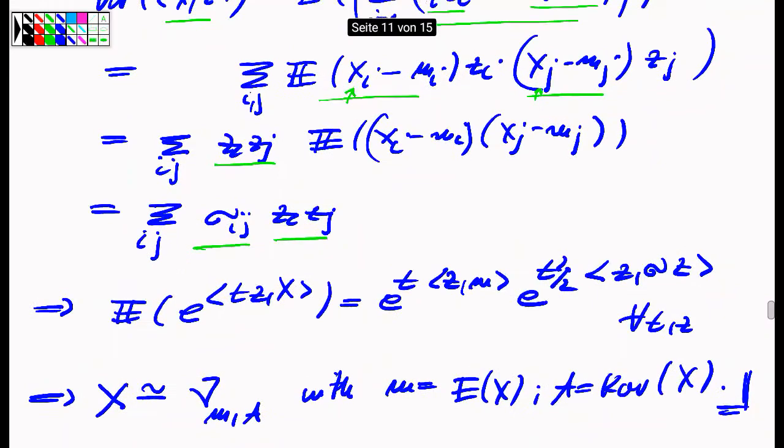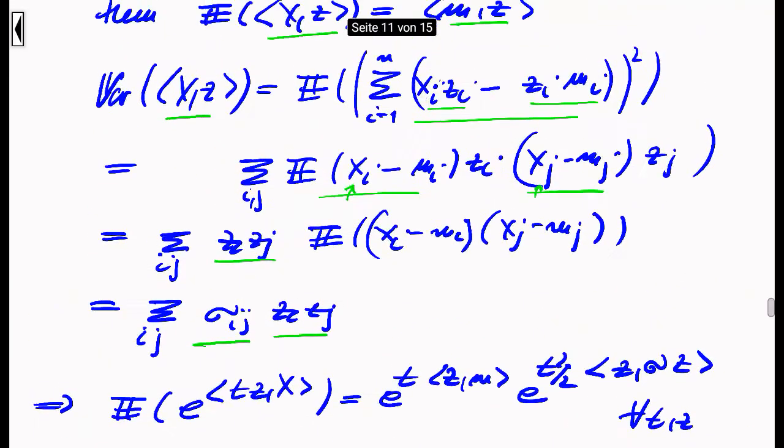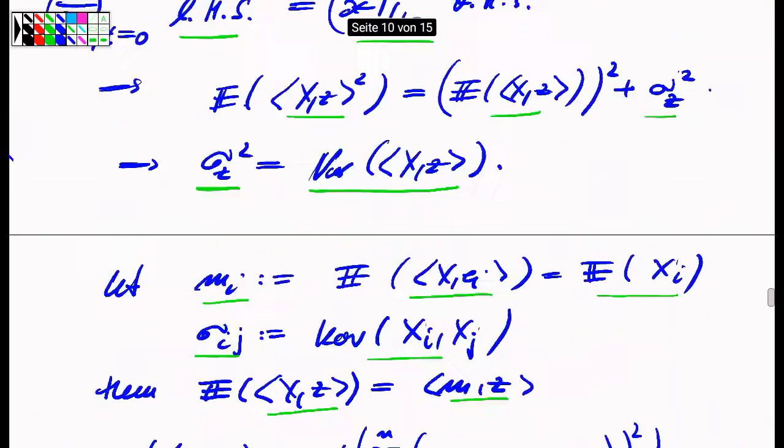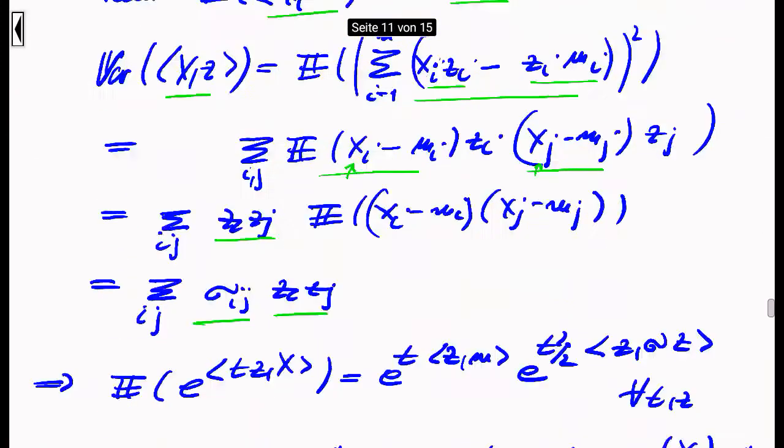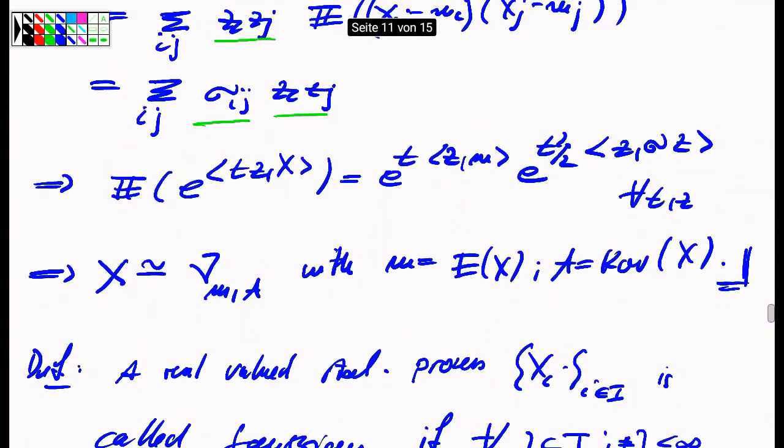Hence, I can rewrite my previous formula by the identification which I have obtained in the following fashion: the expected value of e to the t times the inner product of z with x is equal to e to the t times the inner product of z with m, times e to the t squared times the quadratic form z sigma z.